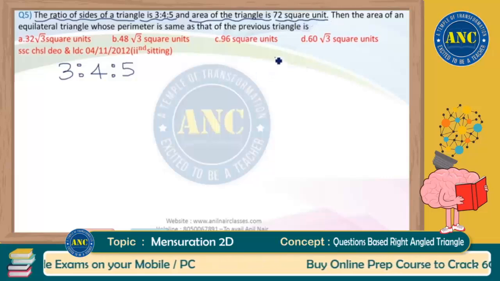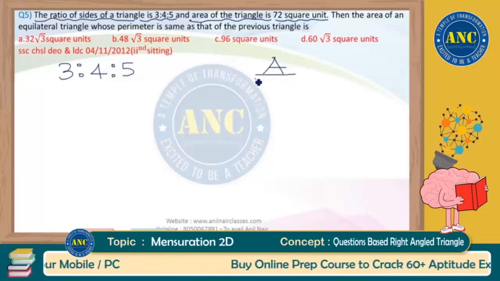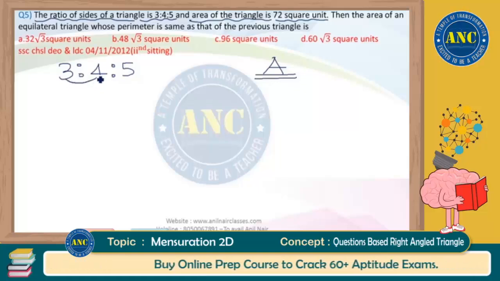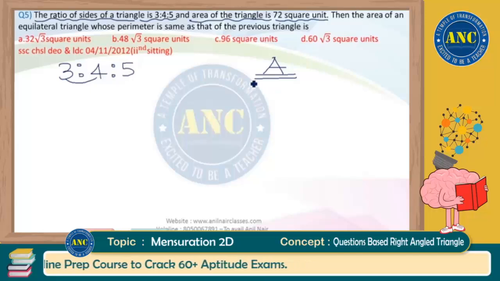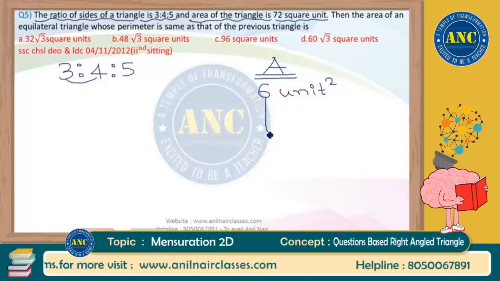That means according to the ratio, area is half into 3 into 4, which is half into 12, which is 6 square units. Question says it is 72 square units. 6 should become 72. Multiply by 12. 6 into 12 is only 72.